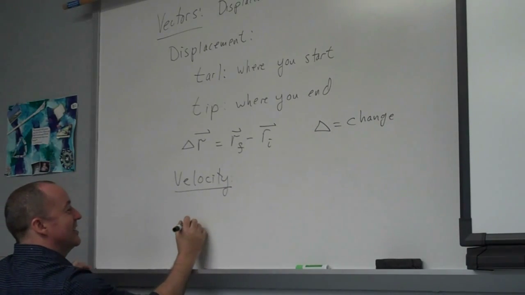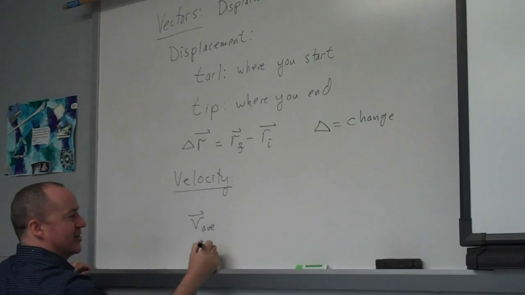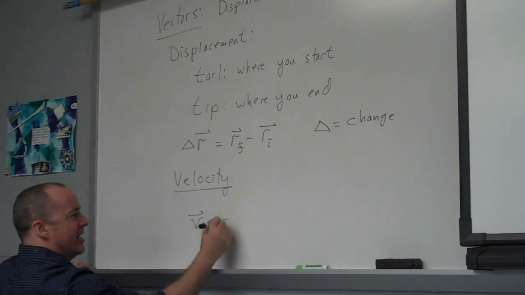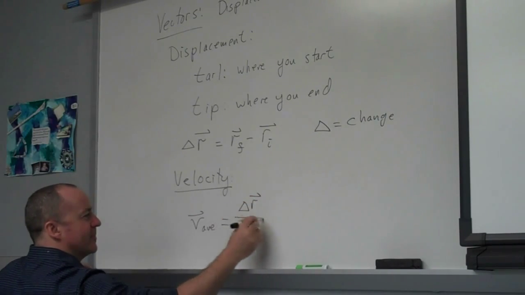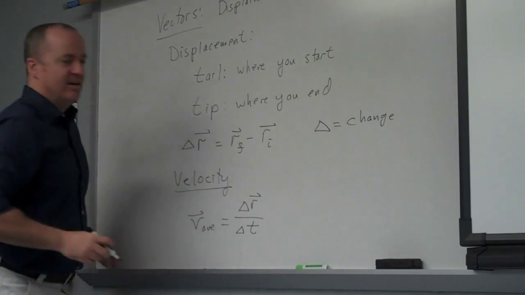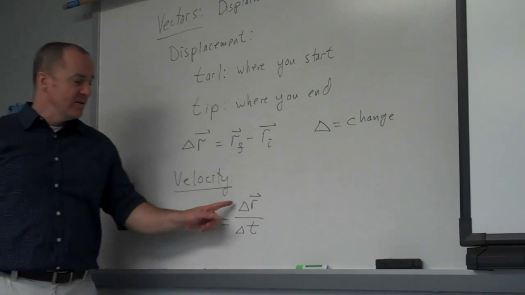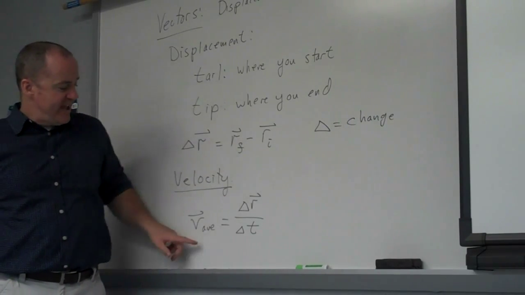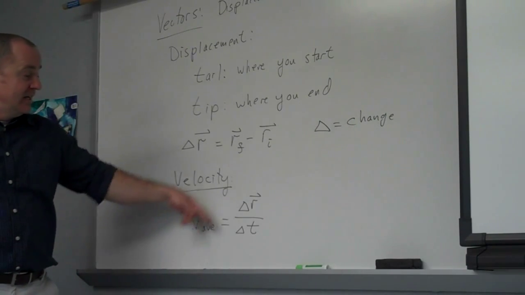Now they're dying. Your average velocity vector is going to be your displacement vector divided by how much time has changed in the time we're talking about. Now, AVE or AVG? AVE for average. That's how I'm using it.